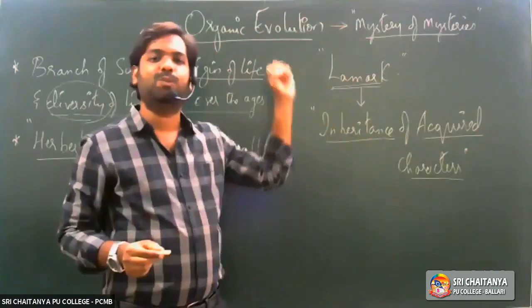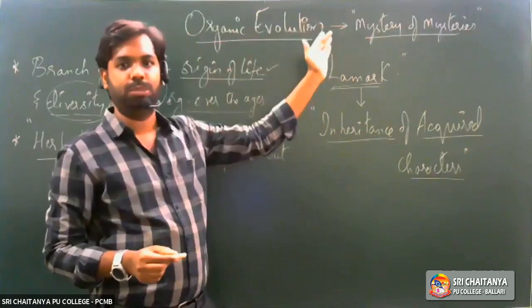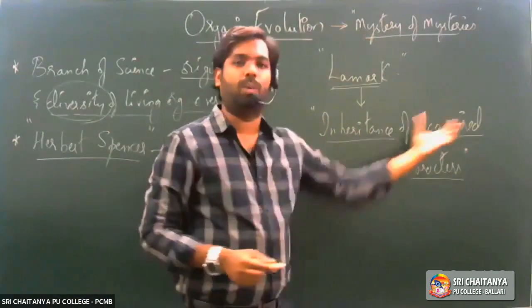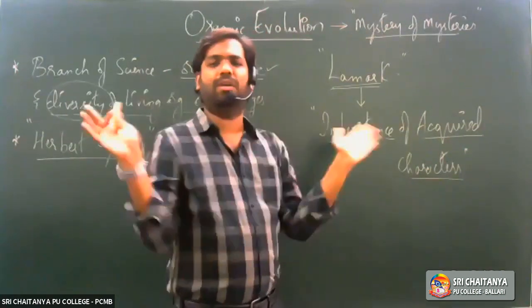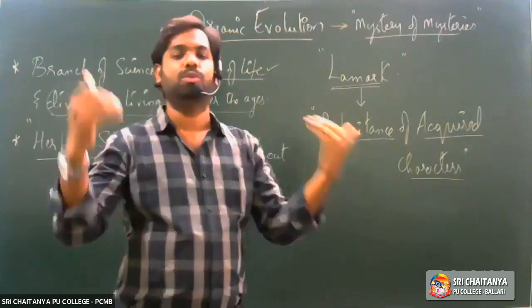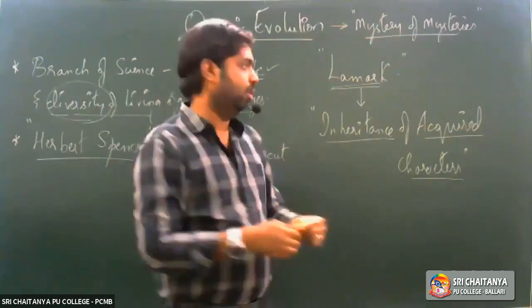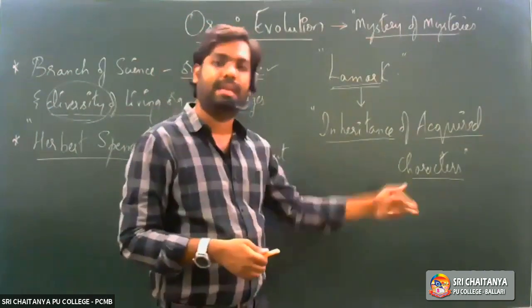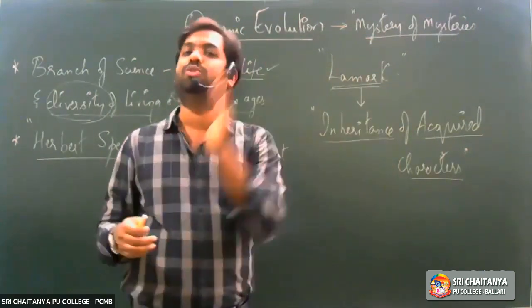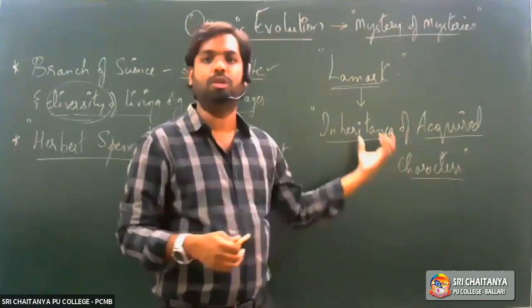So Lamarck is well known for his work on evolution, where he came up with a concept called inheritance of acquired character. Any organism living in any place will start adapting itself to those particular conditions, leading to the formation of new characters in them. Those characters are inherited from generation to generation, leading to the formation of a new species.